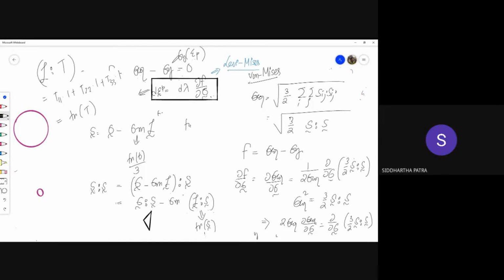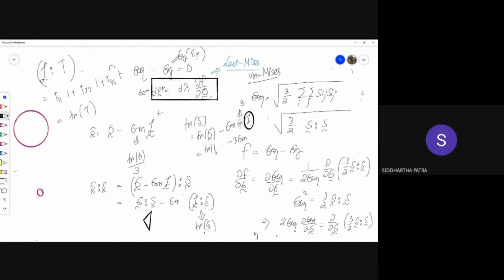Trace of S is trace of sigma minus sigma m times the trace of the identity matrix. Now, how much is the trace of the identity matrix? 3, right? So minus 3 sigma m.